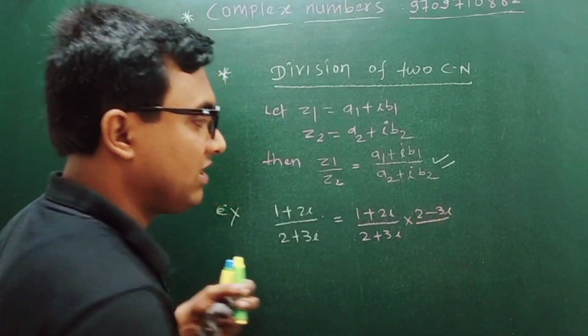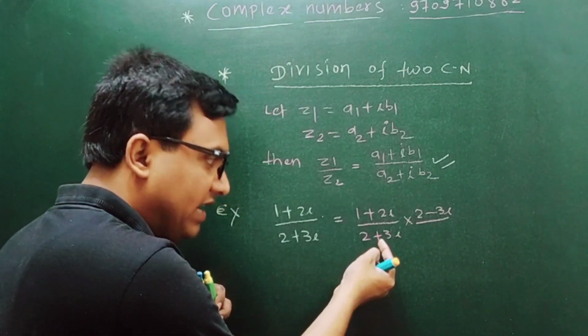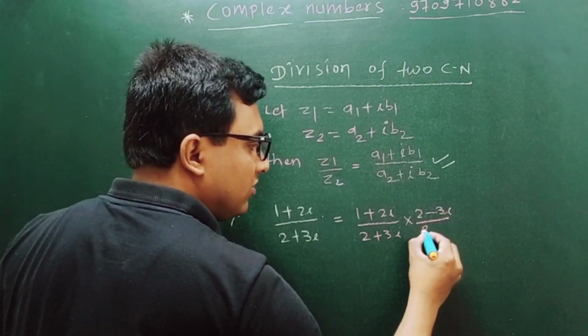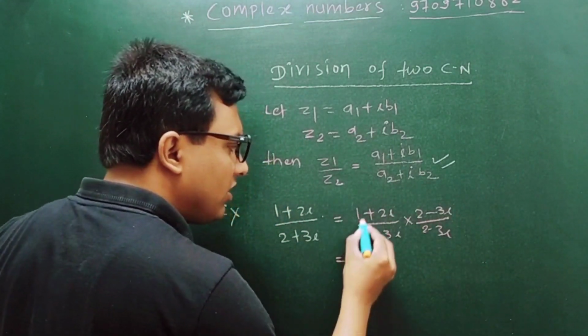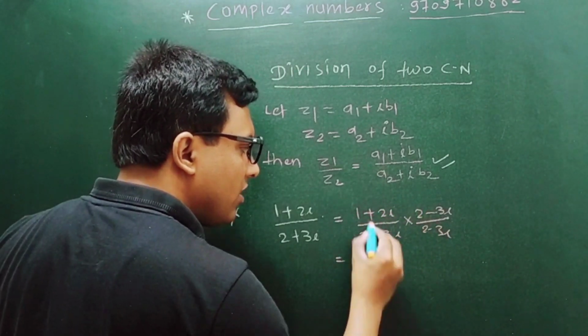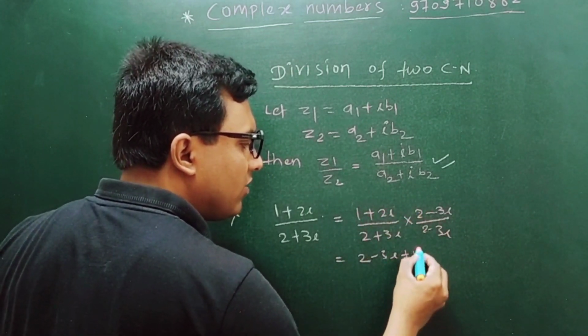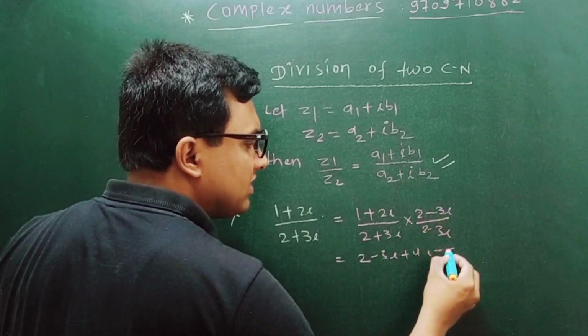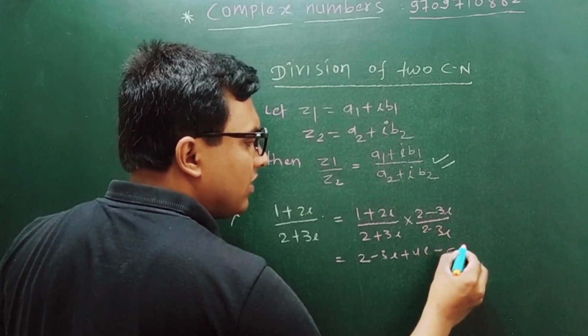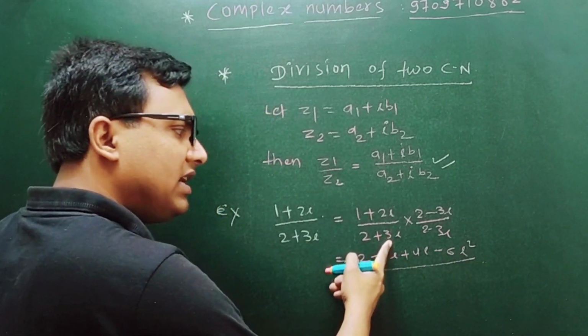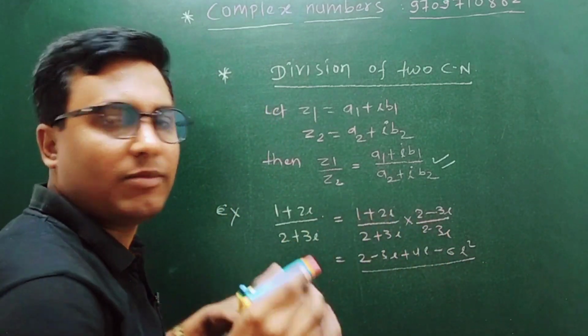In the process of rationalization, we change the sign, plus becomes minus, minus becomes plus. Now 1 into 2 is 2, 1 into minus 3 iota, 2 into 2 iota is plus 4 iota, 2 into 3 iota into iota is minus 6 iota square, upon a plus b into a minus b.